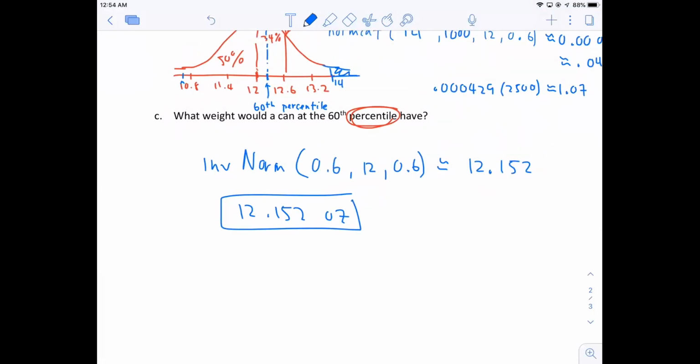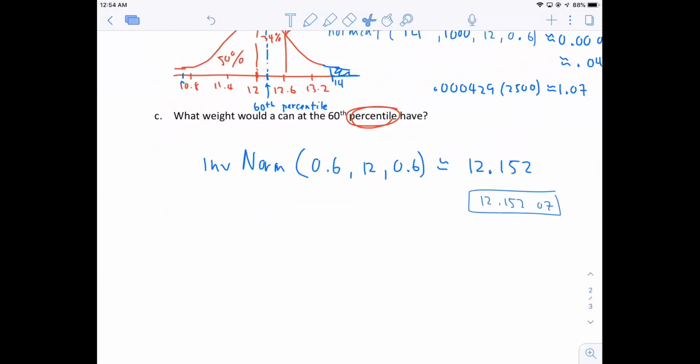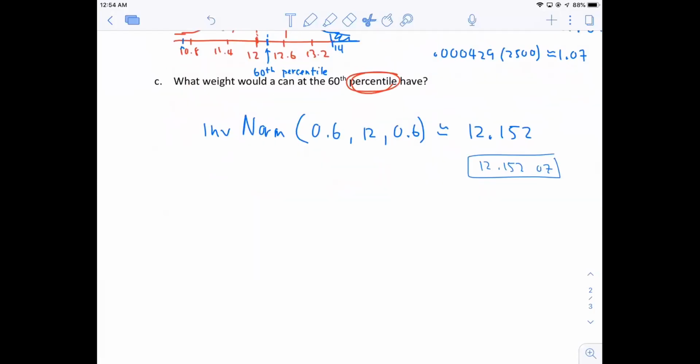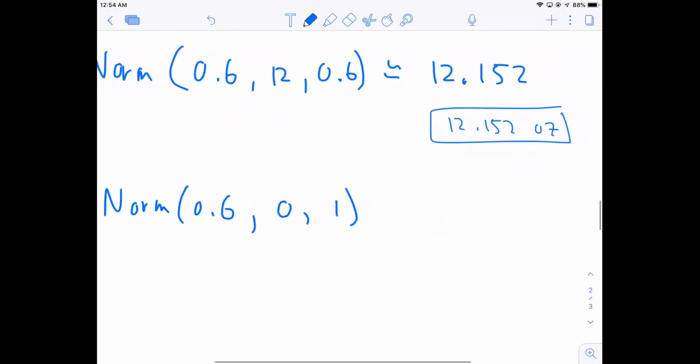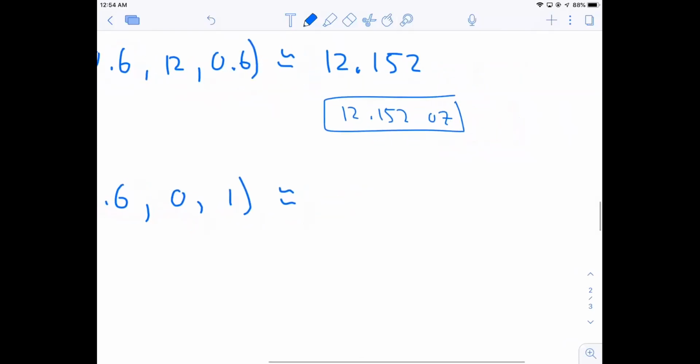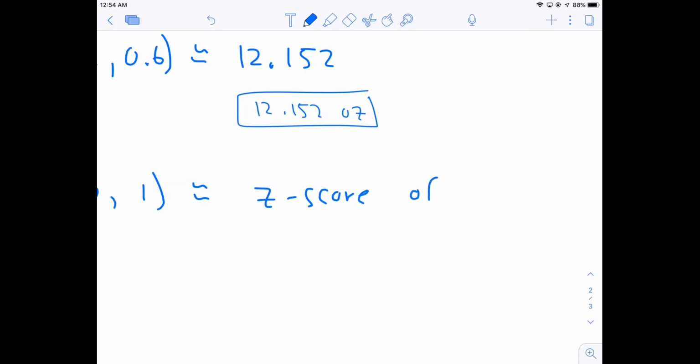All right, I said we could have done this with z-scores. I just want to show you that real quick. If we're doing this with z-scores, we're typing inverse normal, 0.6, comma, 0, comma, 1. And this would give us the z-score of the can.